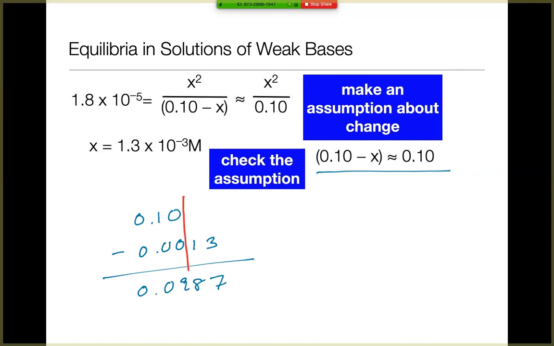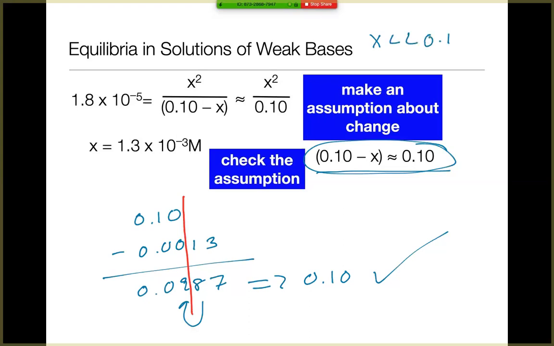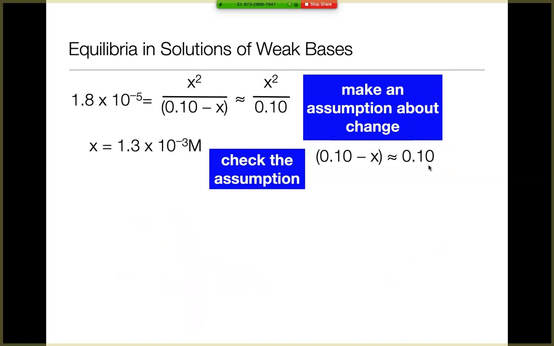Check where my significant figures are. The 8 will round up that 9. Sorry, it's a funky looking 9, but it's a 9. And it rounds me to 0.10. My assumption holds, because that was my assumption. Instead of writing it out like I did up here, the equation that I have down here, both are saying the same thing. So my assumption holds.